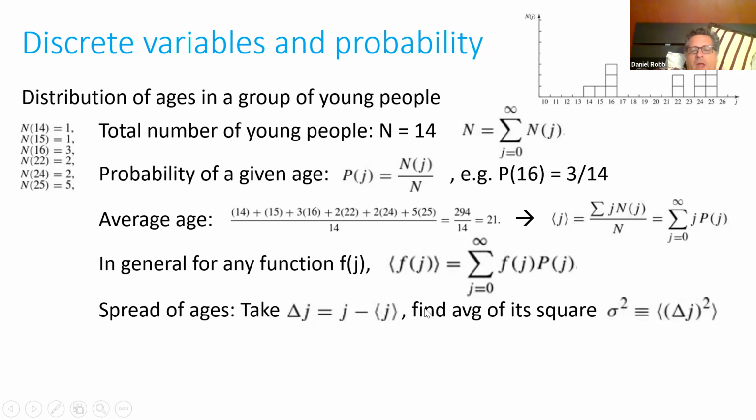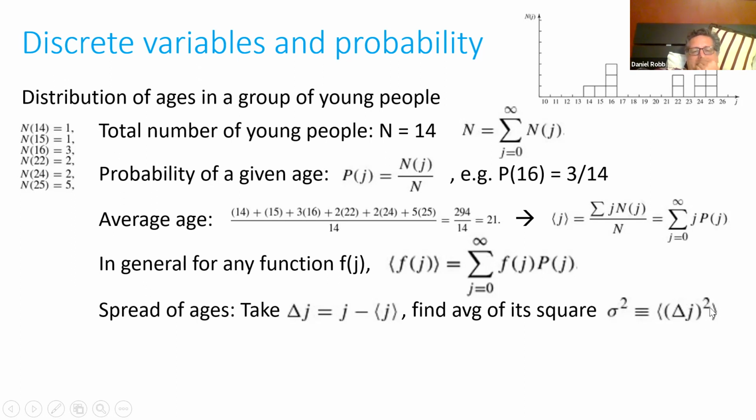Okay. And then because we don't really care whether the age is greater or less than the average, we do a little trick, and we take the average of the square of this deviation. So here's this deviation delta j, we square it.